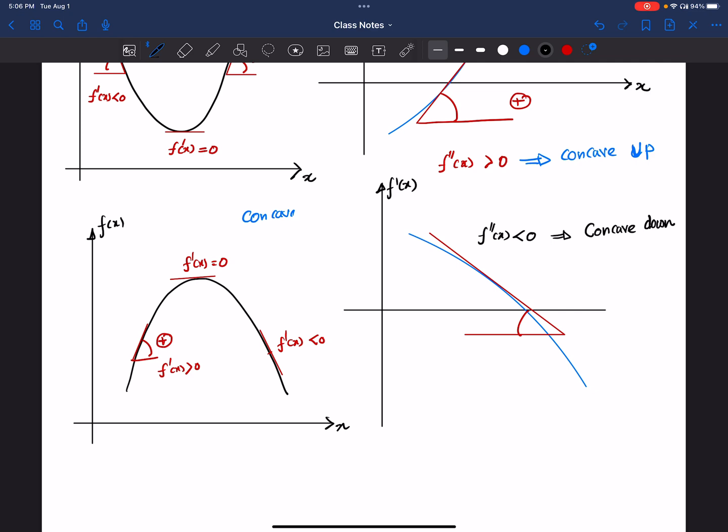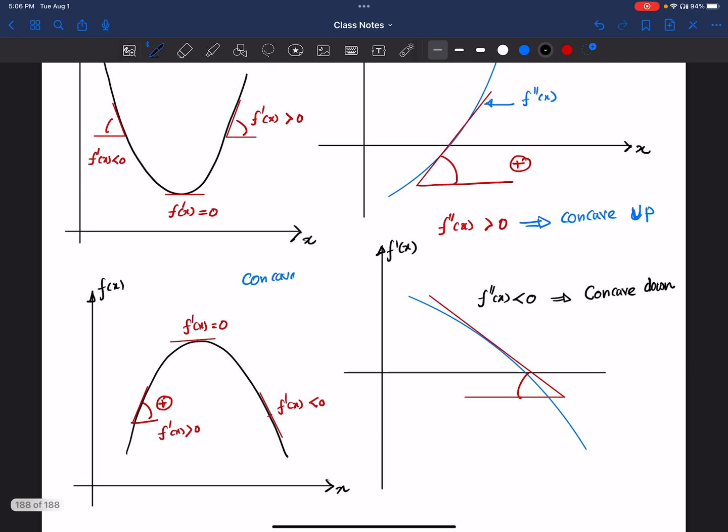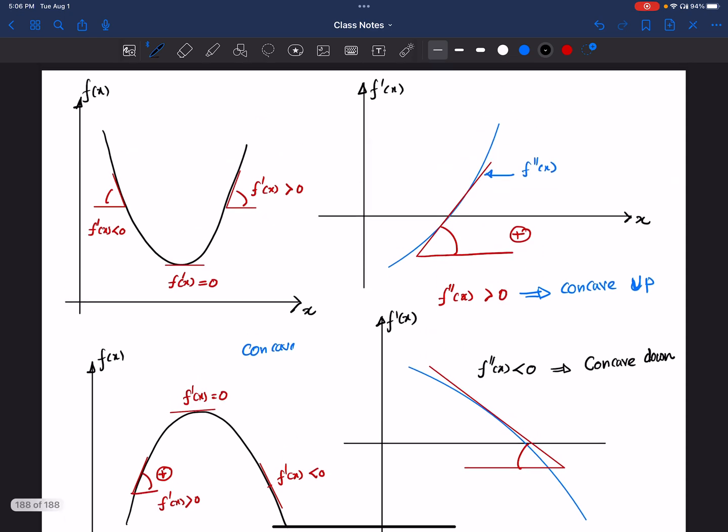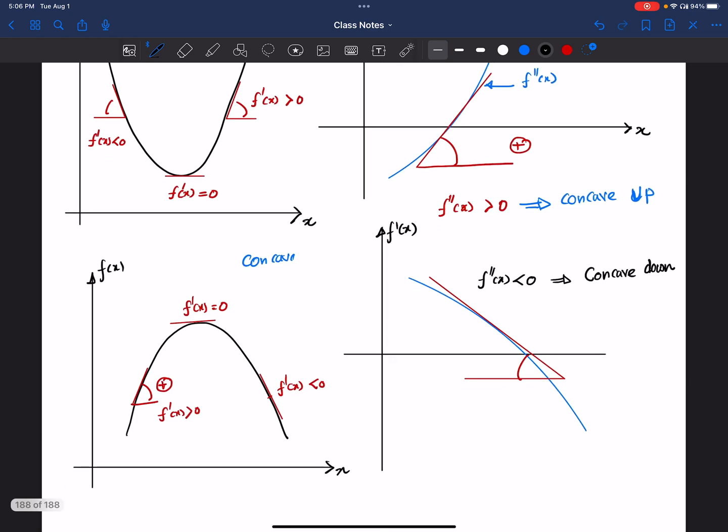And if it's concaving up in a certain region, you see a positive f double prime of x. Also, f prime of x is increasing when the function is concaving up, and when it is concaving down, f prime of x is decreasing.